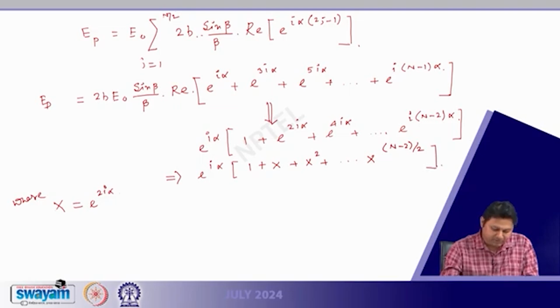So, this is a geometric series, and you can note that there are total n minus n by 2 terms.